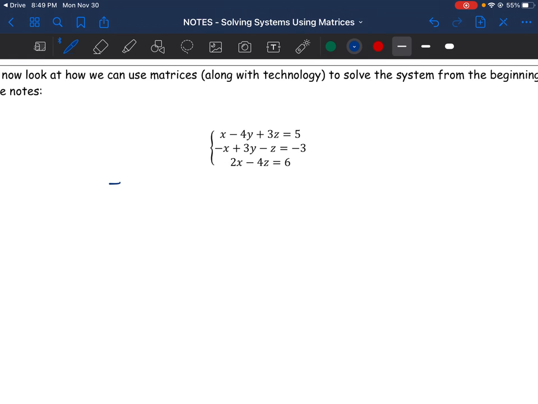So our coefficient matrix, for the top row, 1, -4, 3. For the second row, -1, 3, -1. And for the bottom row, 2. Notice that there is no y here, so it'd be a 0y. So it'd be 2, 0, then -4.